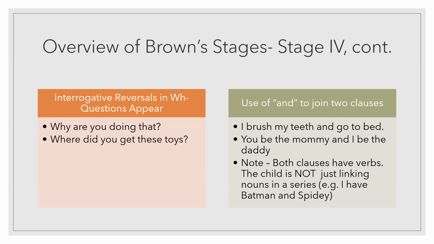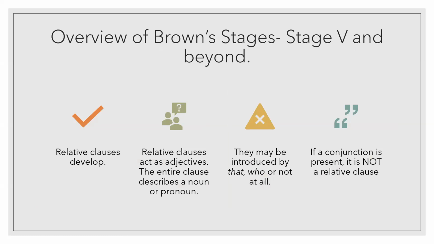Hopefully that makes sense. Okay, so Brown's stage 5 and beyond is where you see relative clauses begin to develop. A relative clause acts as an adjective, where the entire clause actually describes a noun or pronoun.